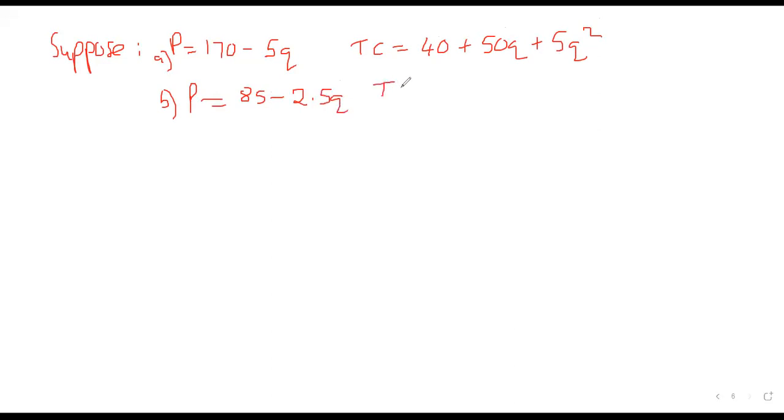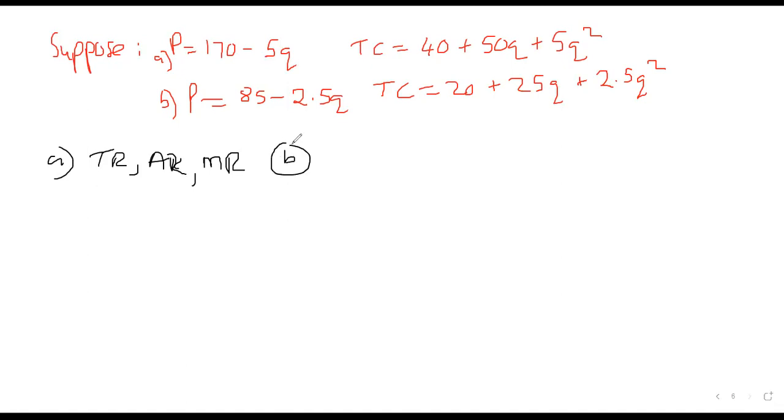Your total cost is given by 20 plus 25q plus 2.5q squared. So part A, we're being asked to find the total revenue, find average revenue, find the marginal revenue.